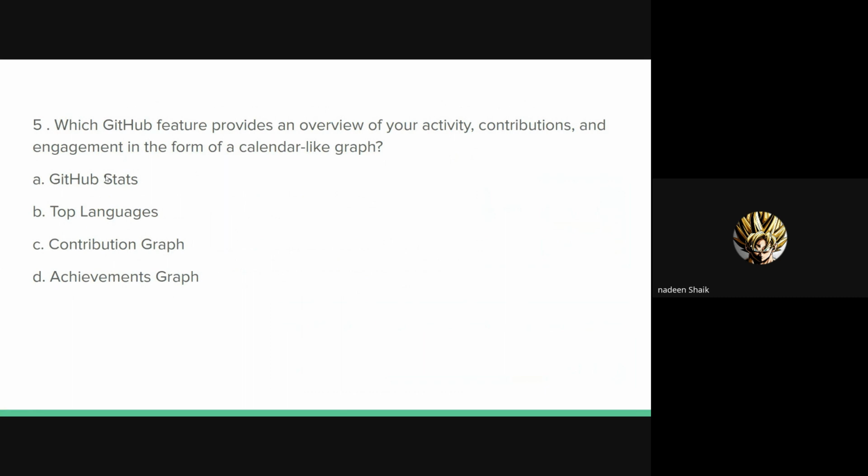And we have another quiz. Which GitHub feature provides an overview of activity, contributions and engagement in the form of a calendar-like graph? It is GitHub stats, top languages, contribution graph, or achievements. Yeah, you can vote.